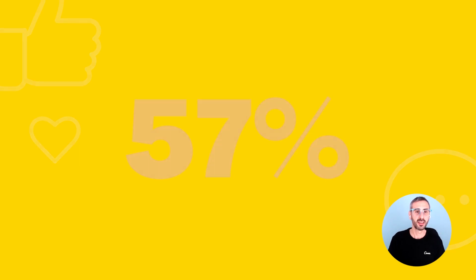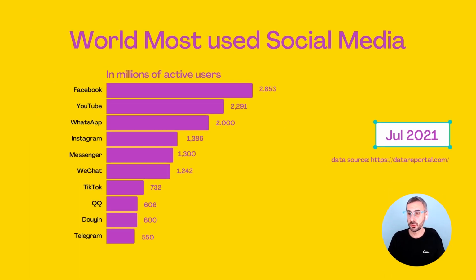So on the next slide, let's discover where people actually spend their time on these social media platforms. Well, here's a breakdown of the most used social media platforms out there, with the top 5 being, without much surprise, Facebook, YouTube, WhatsApp, Instagram, and Messenger. What's a bit scary here is that 4 out of 5 actually belong to the same company, Meta.